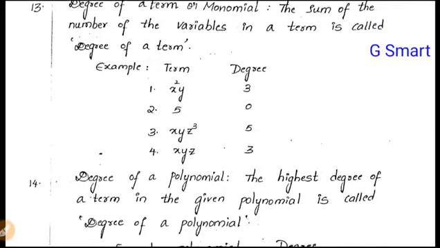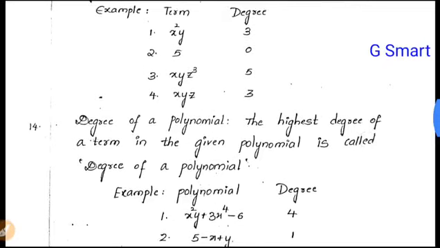X, y, z cube: 1 x, 1 y and 3 z's, so total 5, degree is 5. X, y, z: 1 x, 1 y, 1 z, so degree is 3.